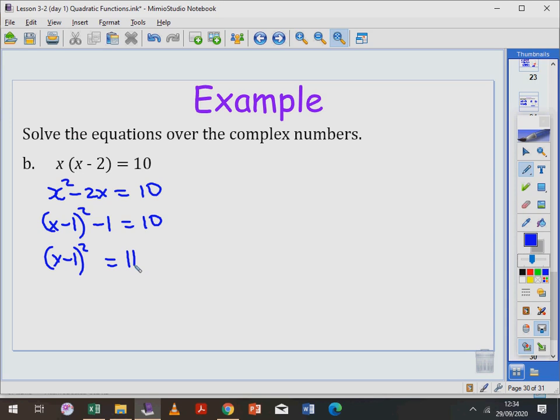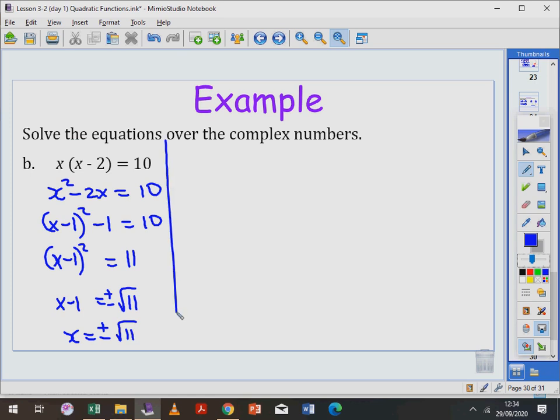Which gives me x minus 1 equals plus or minus square root of 11. This would have been a complex number if that was negative, but it's turning out to give me positive answers. So x equals plus or minus square root 11.